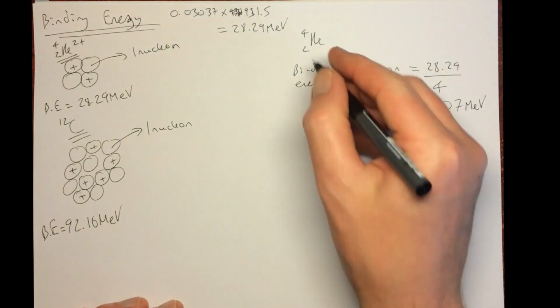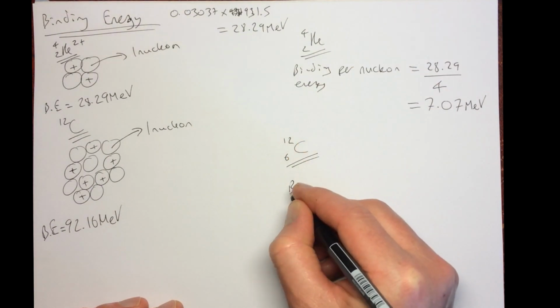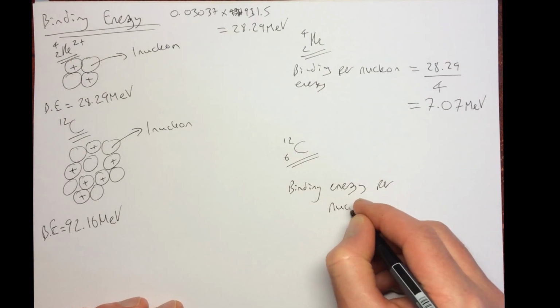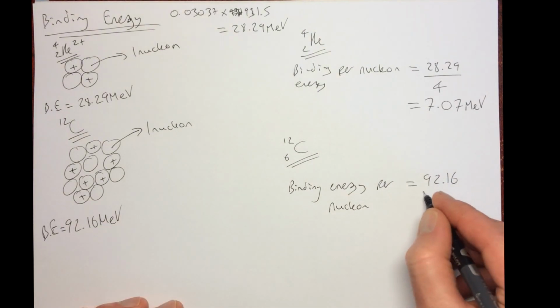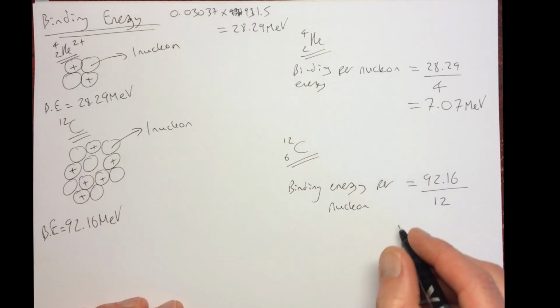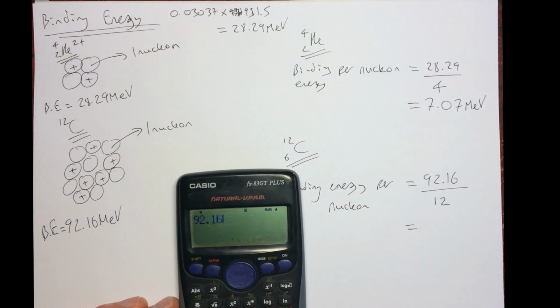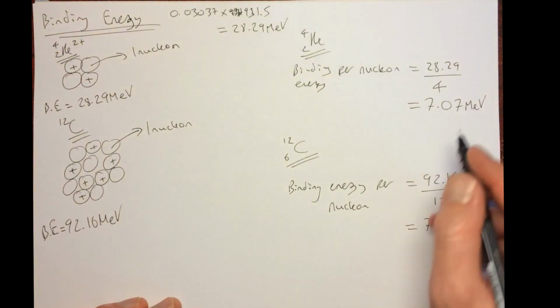For carbon-12, the binding energy per nucleon is its binding energy, 92.16, divided by the number of nucleons, which is 12. So 92.16 divided by 12 gives me 7.68 MeV. So you can see that carbon-12 has a larger binding energy per nucleon than helium-4.